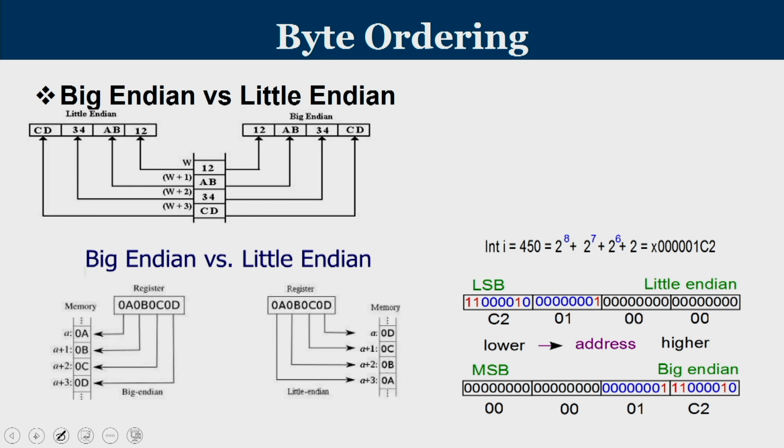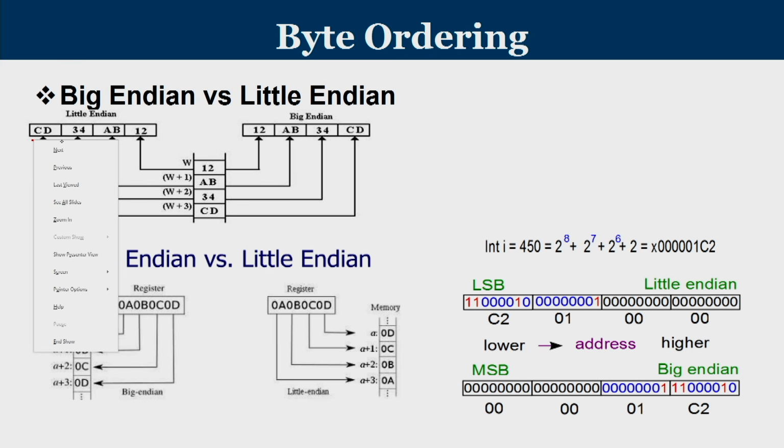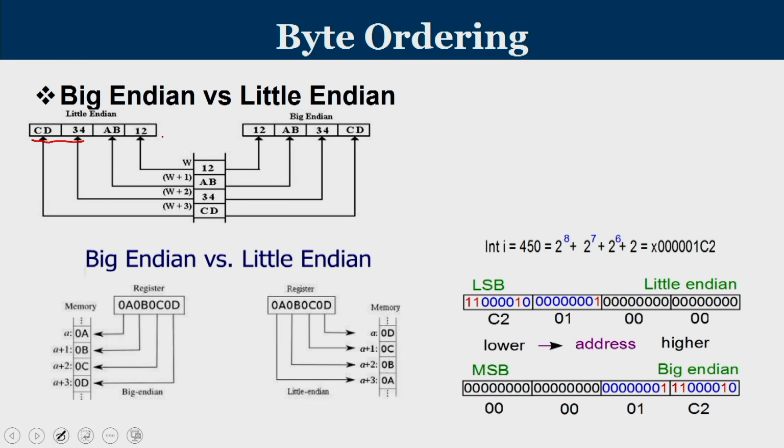As mentioned in the slide, let us consider the case that we are going to store a 32-bit number which is represented as 0xCD34AB12, where each digit represents a hexadecimal number. Let us say 2 stands for 0010. Similarly, 1 stands for 0001. Like that you can define all of them.